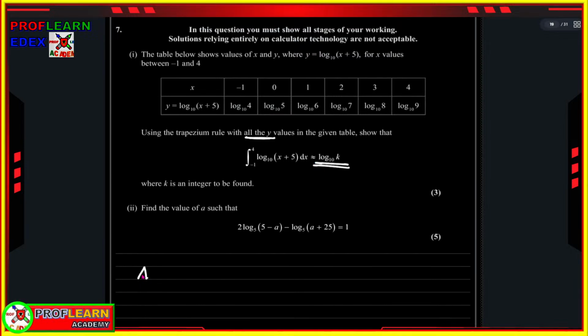So we know that the area is going to be given by a half h into y0 plus yn plus 2 into y1 plus y2 plus y3 all the way to the final part.